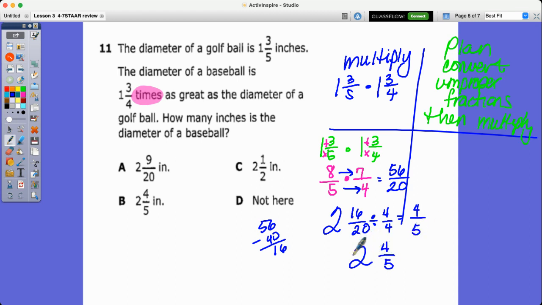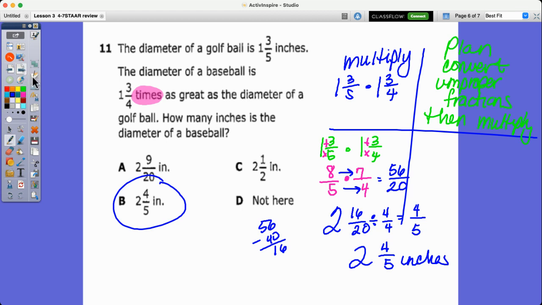So my answer becomes 2 4/5 inches, which is answer B. Okay, Texas method, improper fraction, straight across. Those of you who remember how you can simplify before multiplying, I did teach that. So that is always an option.